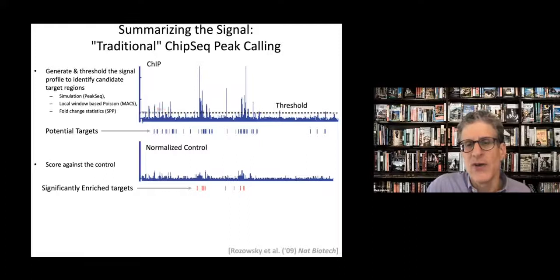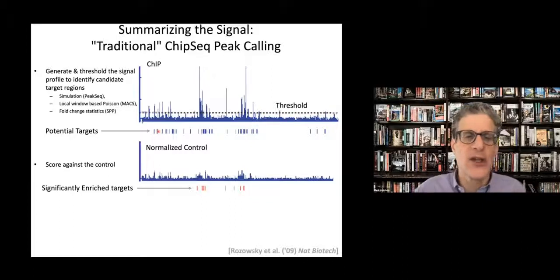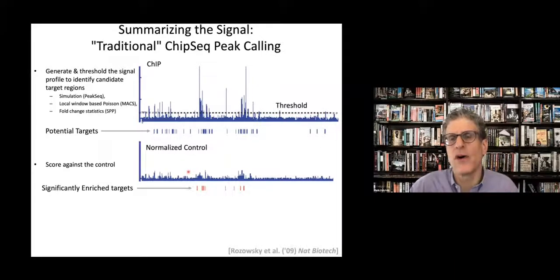You have this very noisy signal, and at a simple level, you could imagine just thresholding the signal, taking all the pileups above a certain height. People usually do somewhat more complicated things. They might have a control that they imagine is like the background in the genome, and they think of that control as giving rise to a certain amount of reads randomly.